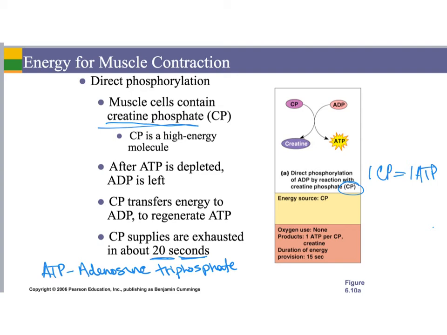So we add that to ADP, get ATP. And again, those stores don't last very long. Okay, so the direct phosphorylation, which means adding, right? Phosphorylation means adding a phosphate to ADP. All right, so that's the first energy pathway.